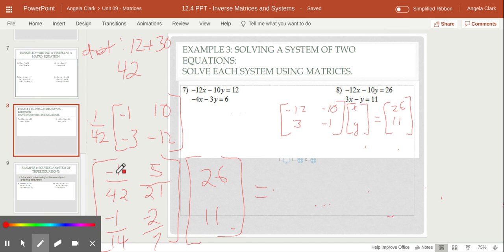So if I do -1/42 times 26 plus 5/21 times 11, I'm going to get 2. And then if I do negative 1 over 14 times 26 plus negative 2 over 7 times 11, I'm going to get negative 5.